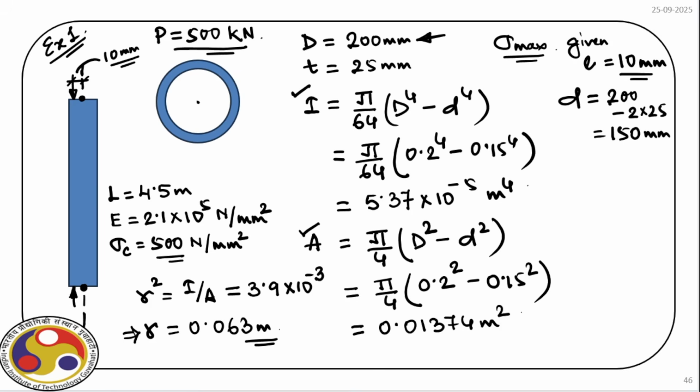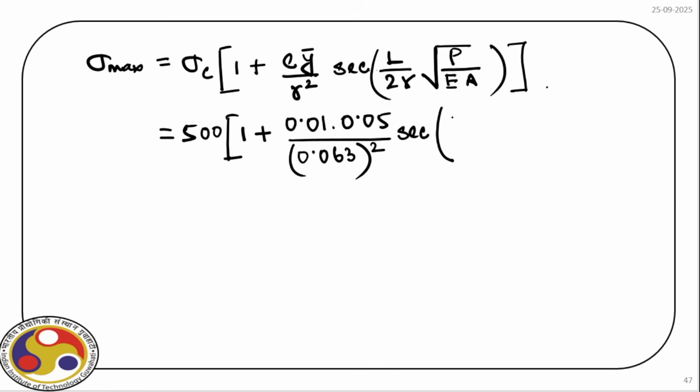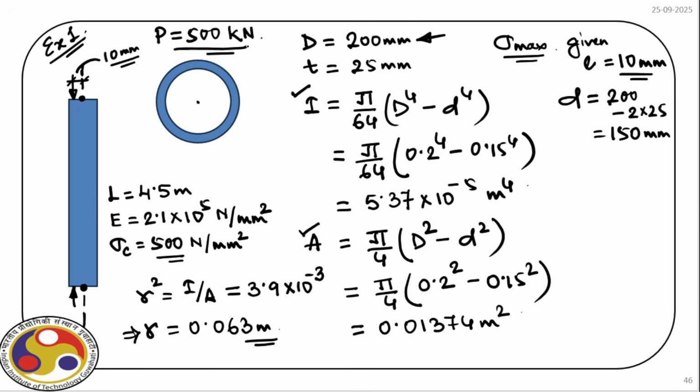L is 4.5 divided by 2 times 0.063 square root of, the load is 500 kilonewton.